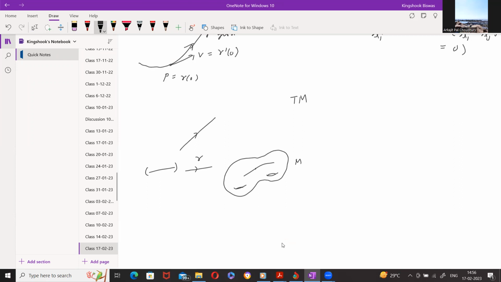Okay, so TM will be a manifold of twice the dimension. So at each point you have the tangent space. And then the natural lift is a curve in TM. Okay, gamma tilde. This is gamma comma gamma prime.